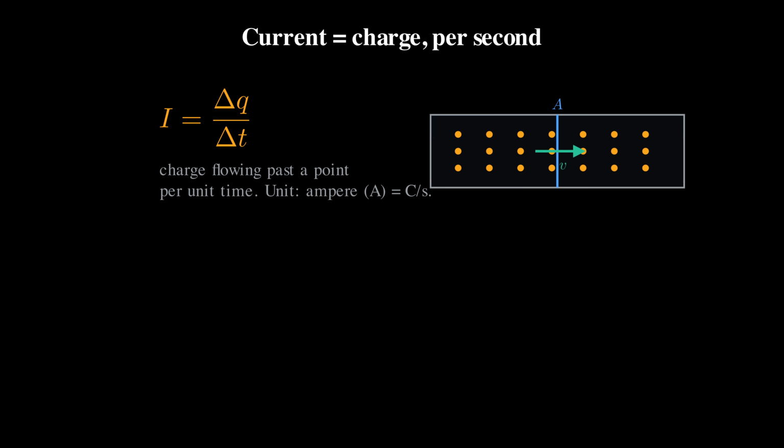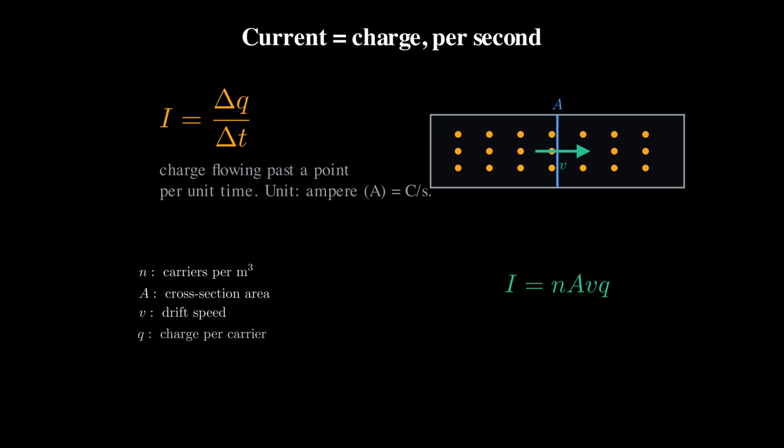And q, the charge on each one. Multiply them and you get I equals nAvq. This is why the drift speed can be tiny, yet the current large. n is astronomical.